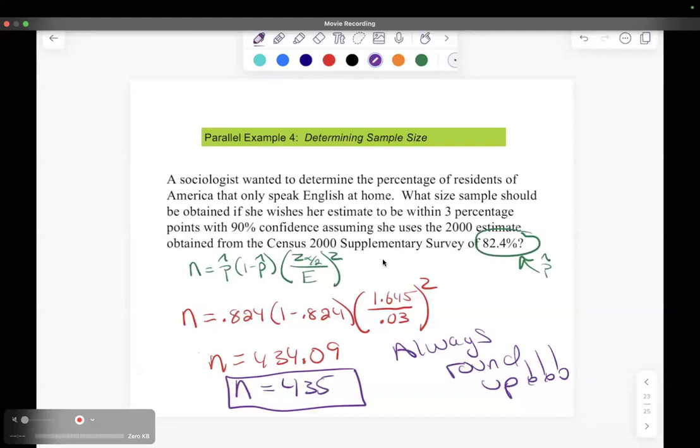Even though it's only 20 kids, I have to order that 4th bus because 3 buses is not enough. Even if I had 152 kids, if I can only have 50 kids on the bus, I've got to order that 4th bus. So it doesn't matter how small that little bit is over the 434, you have to round to 435. That's my sample size. Questions before we do another example?